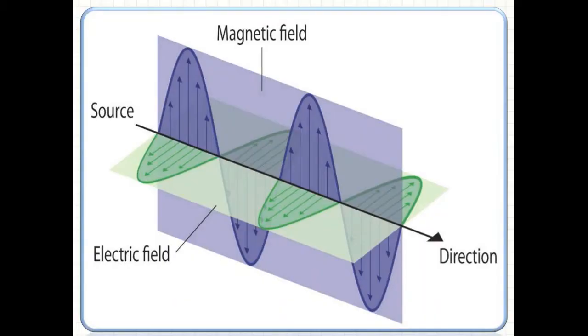The same is shown diagrammatically, one shown in blue, for example the magnetic field, and the one shown in green, the electric field. The wave with oscillating electric and magnetic fields is what we call electromagnetic radiation.